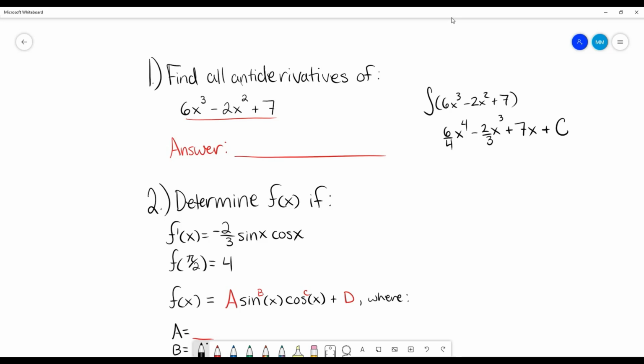For example, this could be all of this, then plus 3. Right? When I take the derivative of that 3, it's going to completely disappear and I'll never see it again. But it could also be a plus 7. It could be a plus pi. We have no way of knowing. So we just add a plus c. And that's all we need to do to account for that.